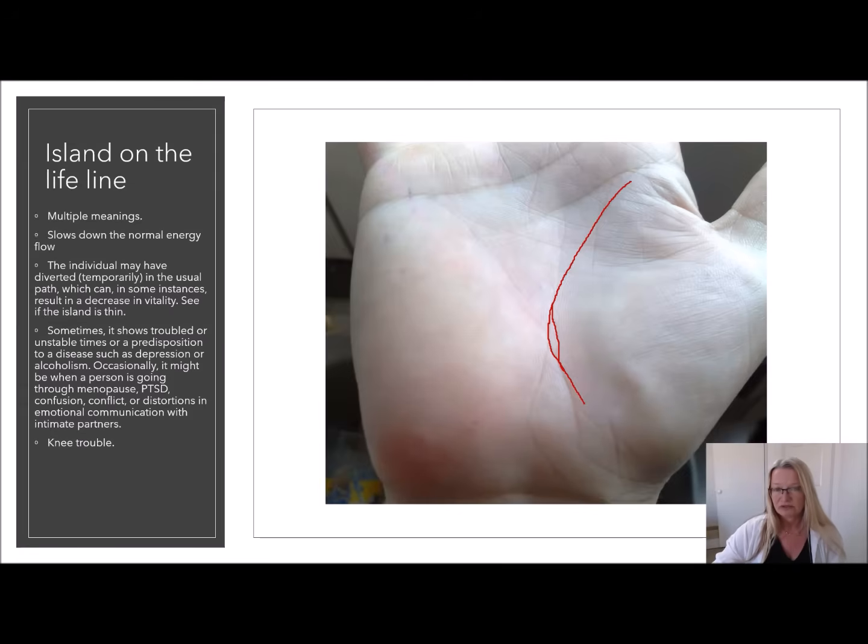Always look at the fate line, which runs up the center of the palm. Always look at that for clues as to what might be going on.